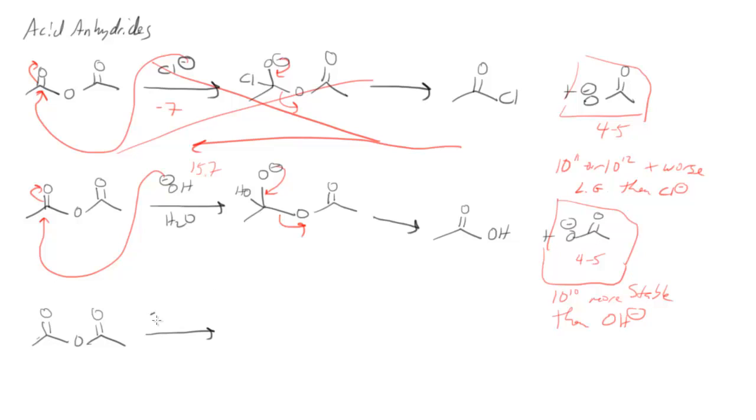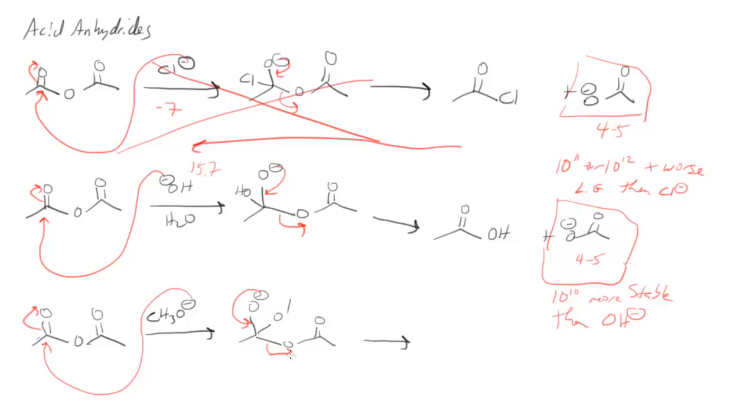Again, you can do almost the same thing with an alkoxide, where the alkoxide will come in, attack the carbonyl, electron pair goes out onto oxygen, forms the intermediate. In the intermediate, the electron pair comes back down to reform the carbonyl.